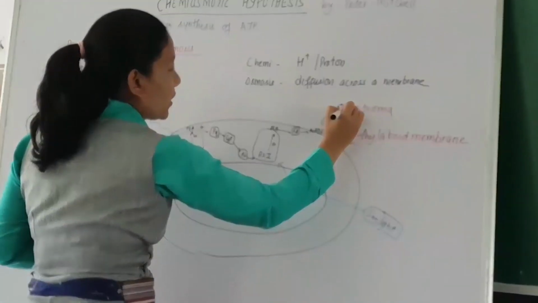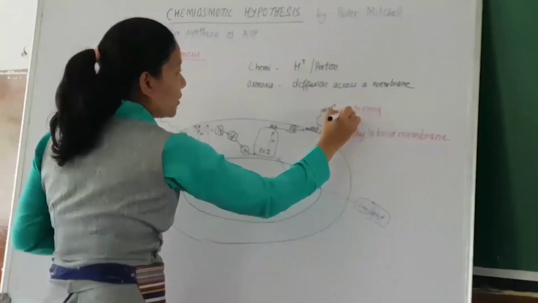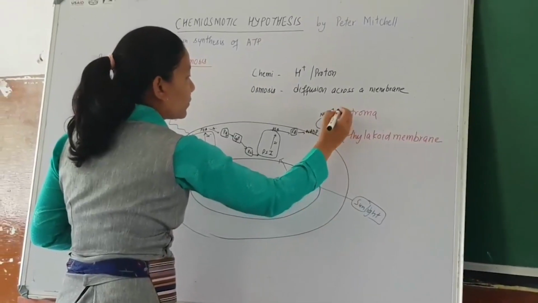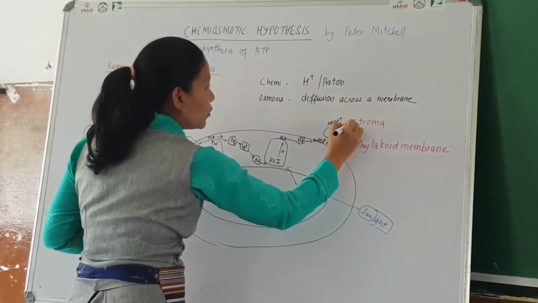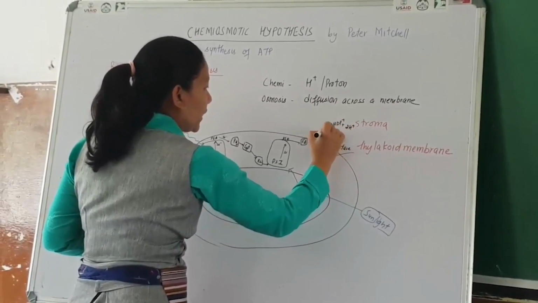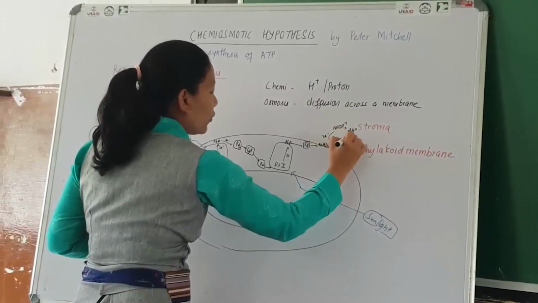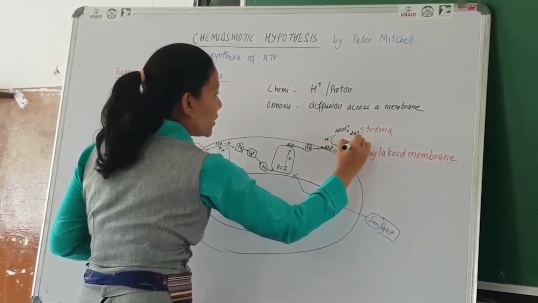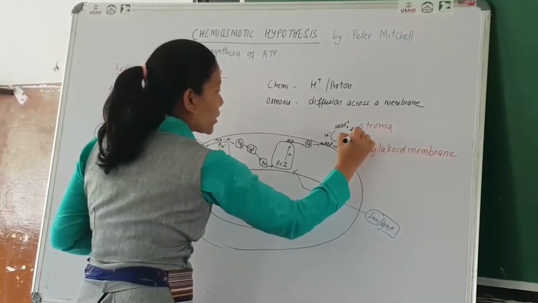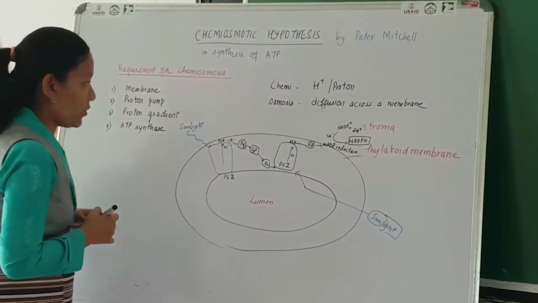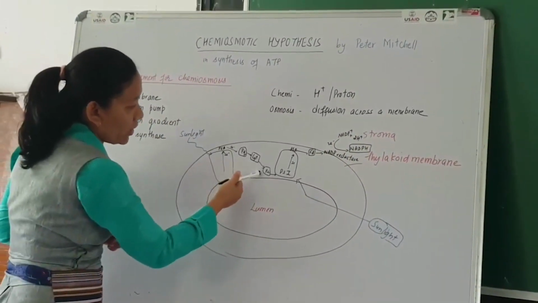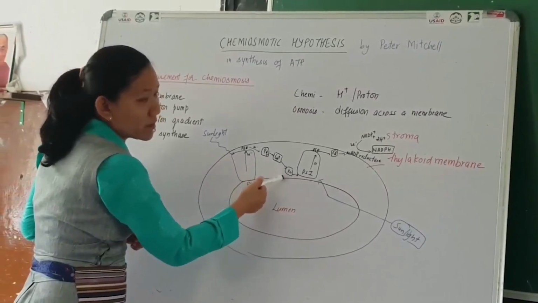NADP plus hydrogen, two molecules of proton, and by addition of electron, what we get is NADPH, a reduced form of NADP. And we also learned that somewhere here the ATP is synthesized.